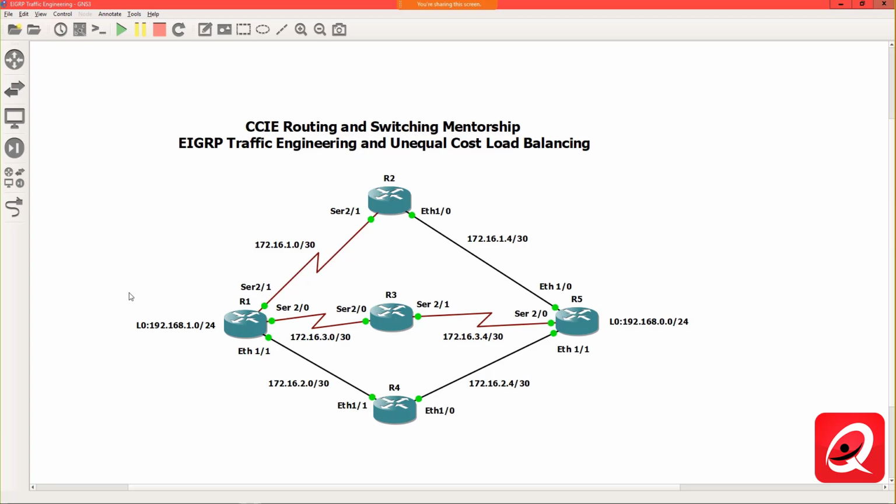I'm going to talk a little bit about how that is probably not very practical from an application perspective. But also, EIGRP is one of the only protocols that provides us the ability to have a backup route, if you will, to take over in case a primary route fails. So we're going to take a look at that as part of this discussion here.